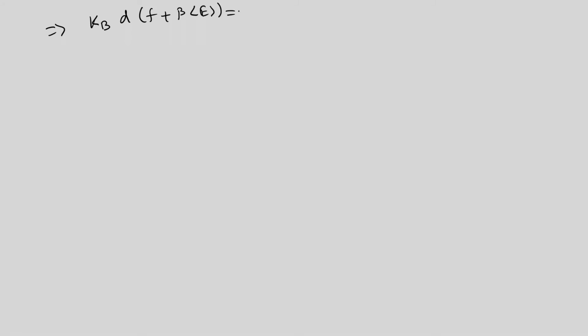So, we can write that Kb times d f plus beta E average is nothing but dS. If we do the integration, we get S is Kb times f plus E average by T plus a constant term.